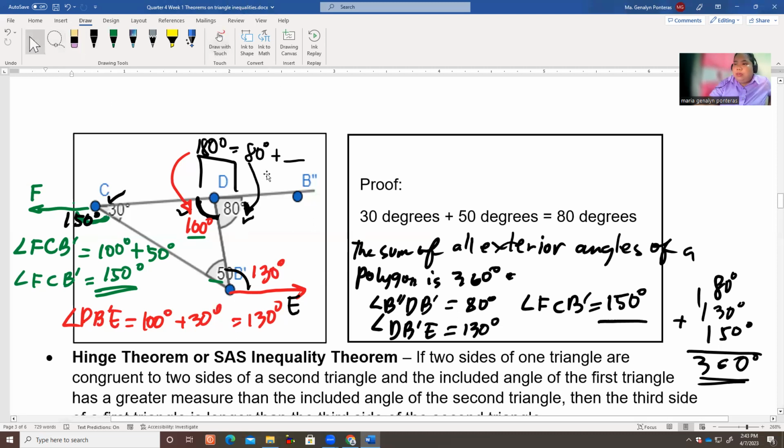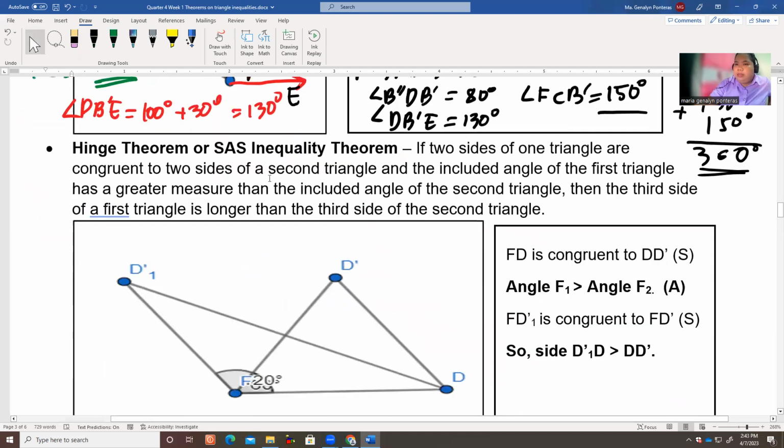Okay. Now, let's have the Hinge theorem, or SAS inequality theorem.